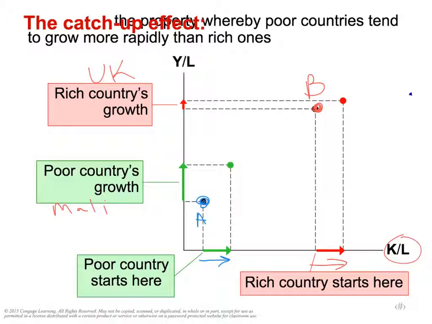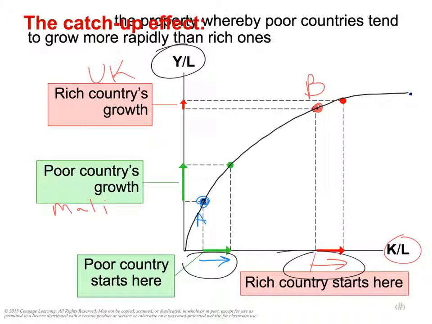What we see is that, and this is kind of a bowed graph here like this, regardless, both countries have the same investment, but look what happens in terms of their output or their productivity. We see that Mali goes from point A up the curve, and it increases its growth quite a bit from that original investment of a tractor. The same tractor investment was made in the UK.